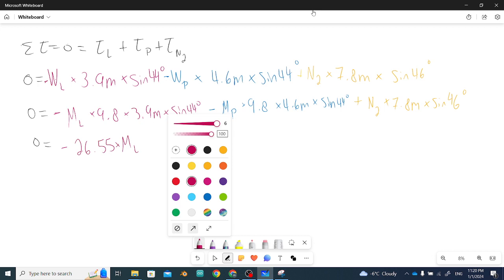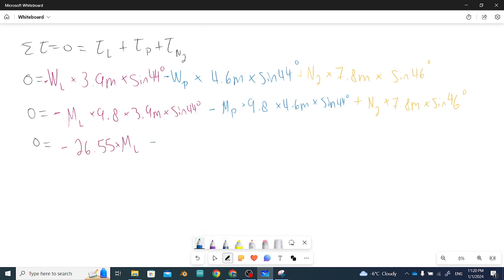And then this one would be 9.8 times 4.6 times sine of 44, minus 31.32 times mass of the painter.